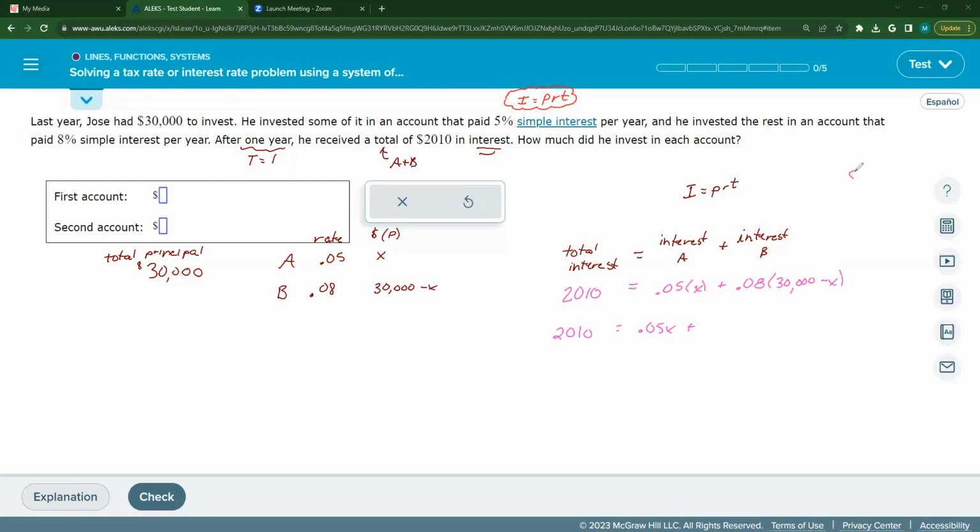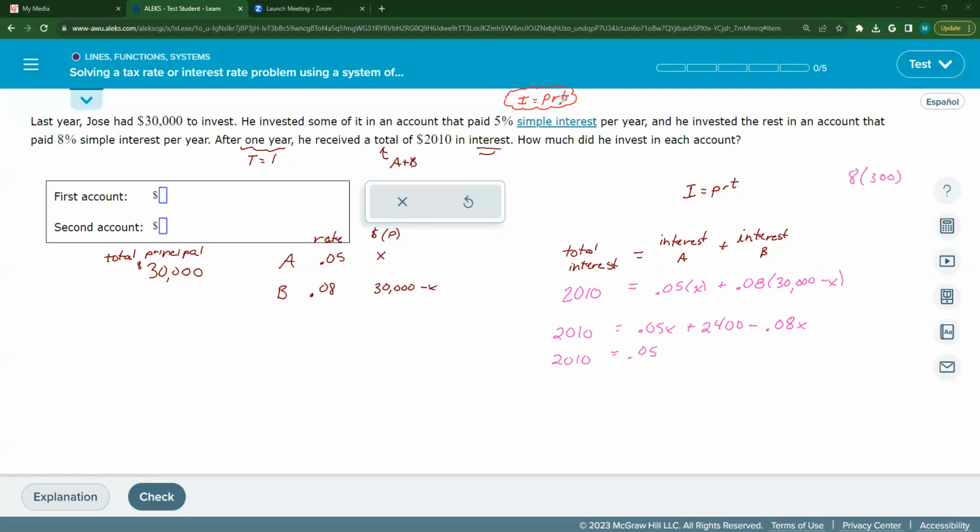This is going to be the same thing as 8 times 300. So 2400 minus 0.08x.